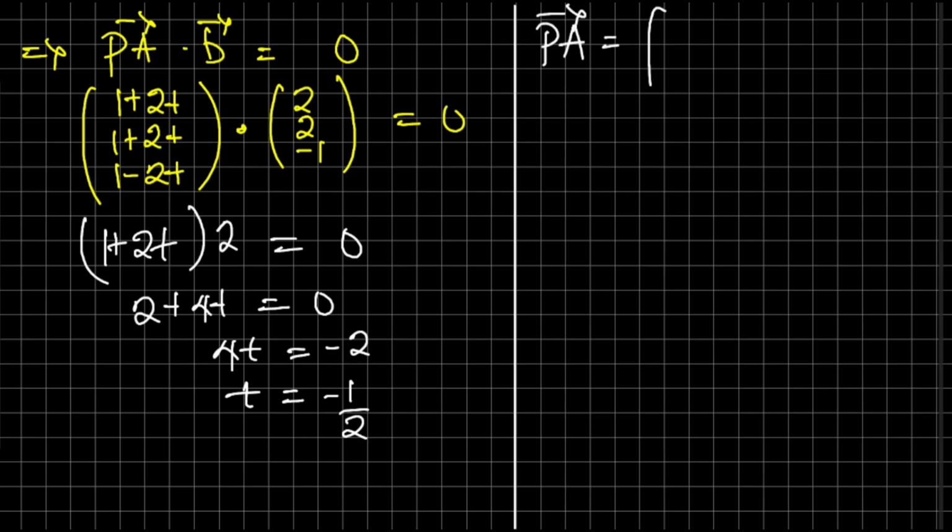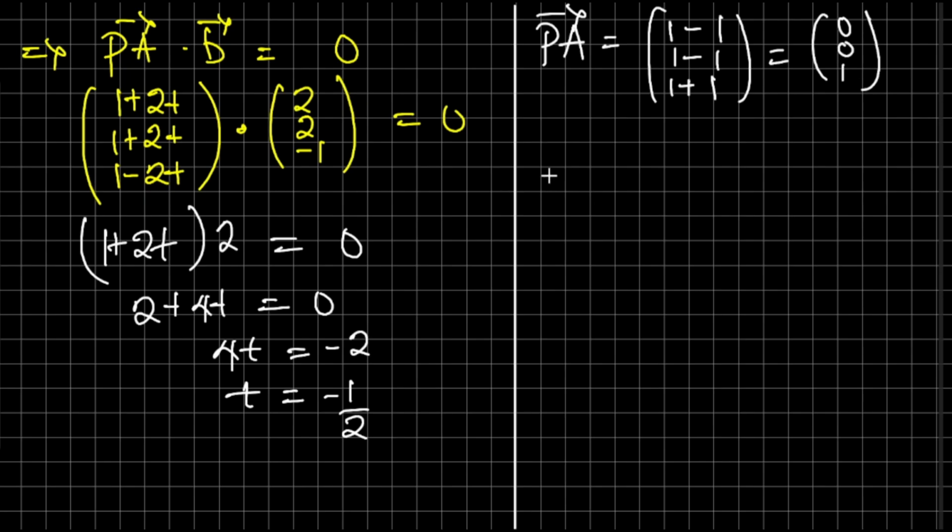If t is minus 1 over 2, then we can find our PA. If we substitute the value of t there, we are going to have 1 minus 1, 1 minus 1, and 1 plus 1, which is equal to (0, 0, 1).